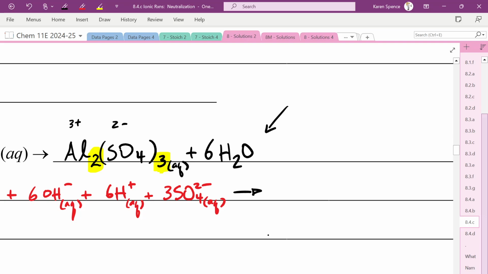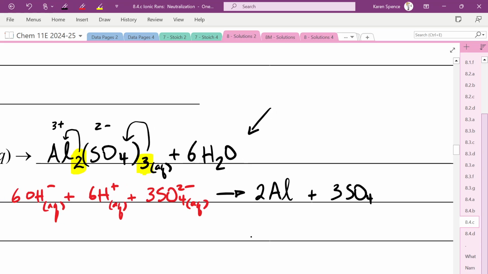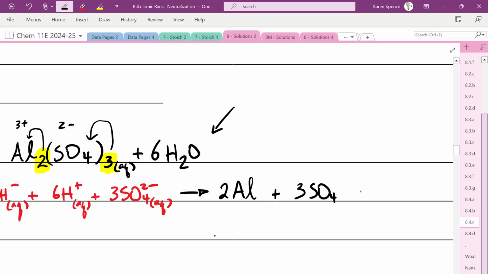So we have 2 aluminums. And we have 3 sulfates. And what do we do with water? Do we split it apart or leave it together? Leave it together because it is a liquid.